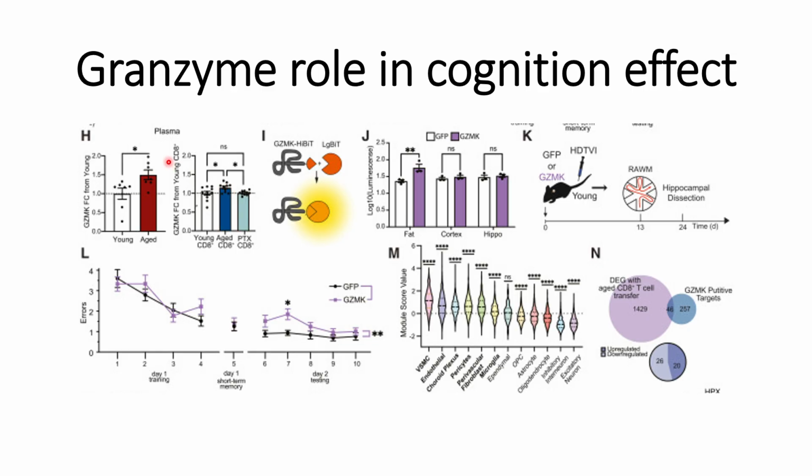So now what they did is they also checked the Granzyme amount in the plasma of mice given aged CD8 plus T cell adoptive transfer and young CD8 plus T cell adoptive transfer.